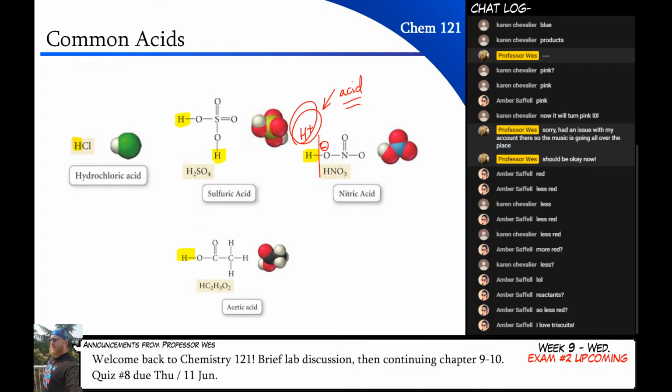Now, not all H's do this. Particularly, very polar bonds cause H to fall off. Now, we learned that CH bonds are essentially nonpolar. So these bonds don't form H+.